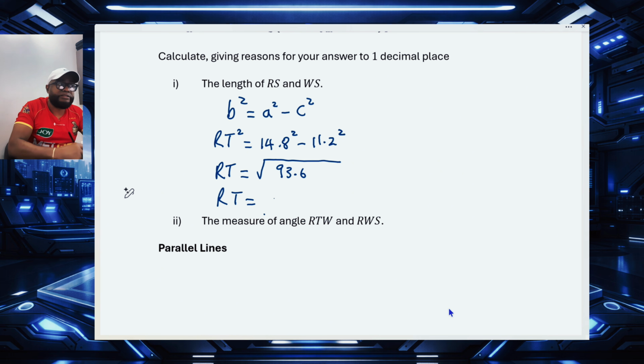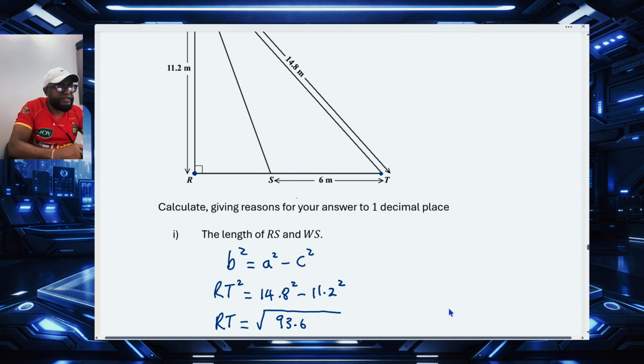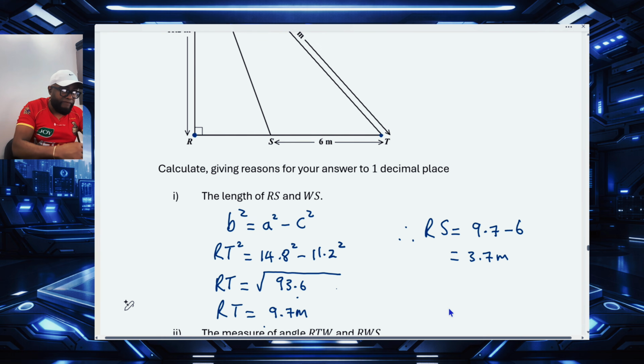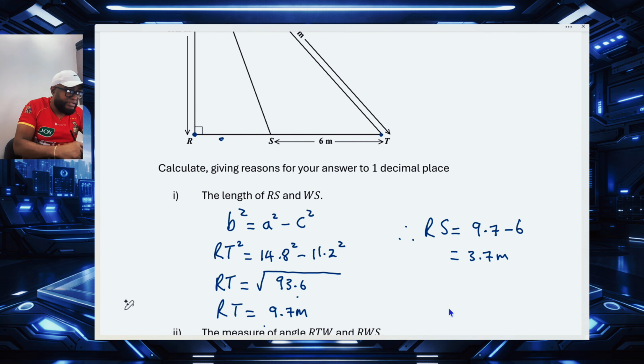RT would be equal to 9.7 meters. Therefore, RS would be equal to 9.7 minus 6, which is, so I found here to be 3.7 meters, right?